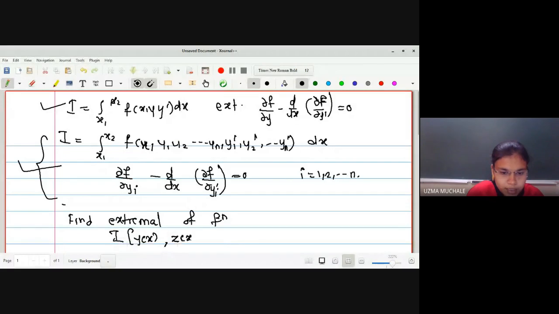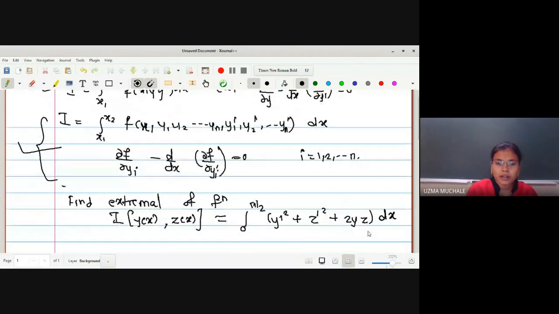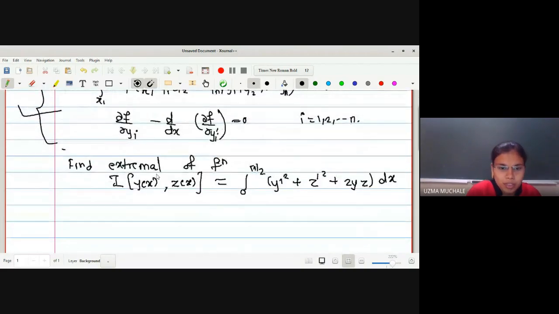The integrand is not simply a function of one variable; it is now a function of two dependent variables, z and y. And what is the independent variable in this case? It is x. Okay. As the integration is with respect to x, there will be x.